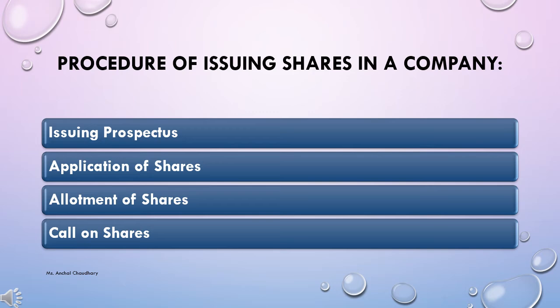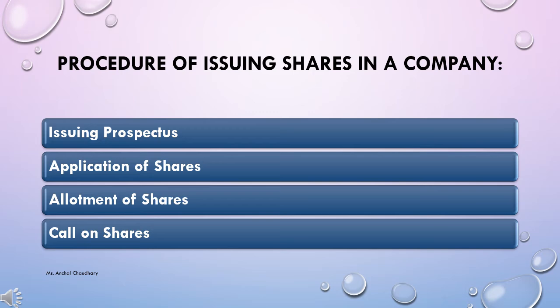And last is call on shares. Calls are used to collect the remaining amount on shares after application and allotment, as per the provisions of the prospectus. So calls can be like first call, second call, and so on. Then you ask for the remaining amount of the shares.